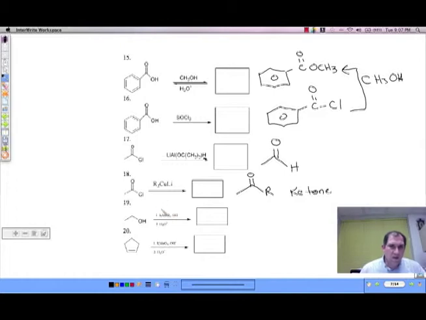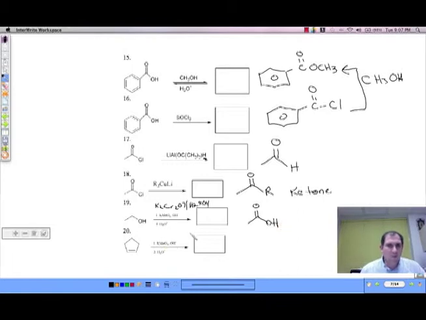Down here, another way we could do this is K2Cr2O7 in the presence of H2SO4, and it's a way of oxidizing primary alcohols to the carboxylic acid.